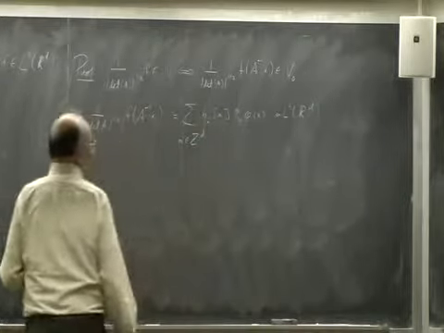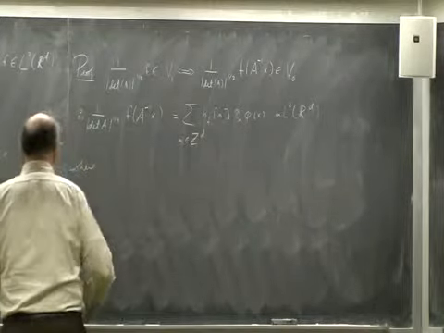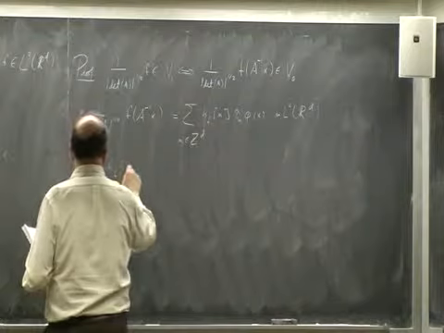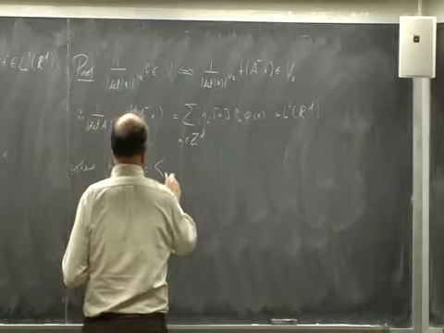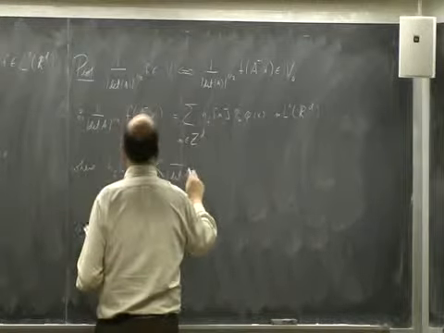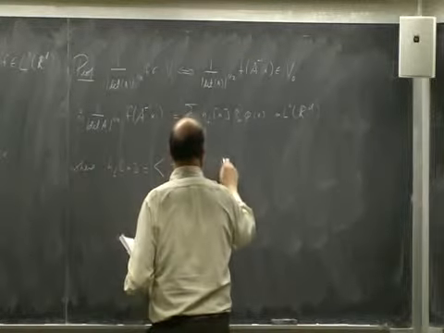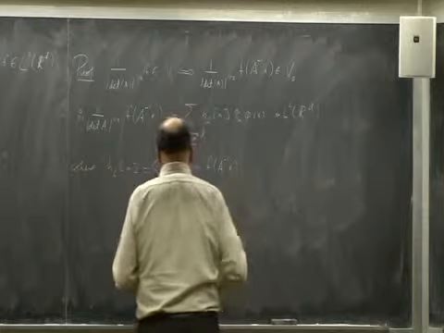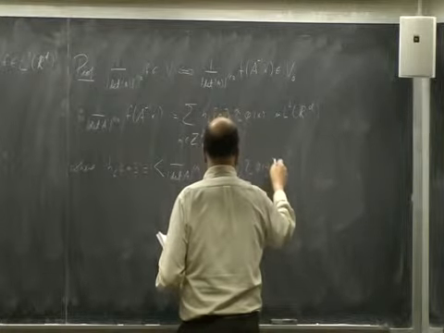And we know what the coefficient is, since these are orthonormal, where H_F(n) is just the inner product of 1 over the determinant of A, to the 1/2, F of A inverse X, with tau_n phi of X.